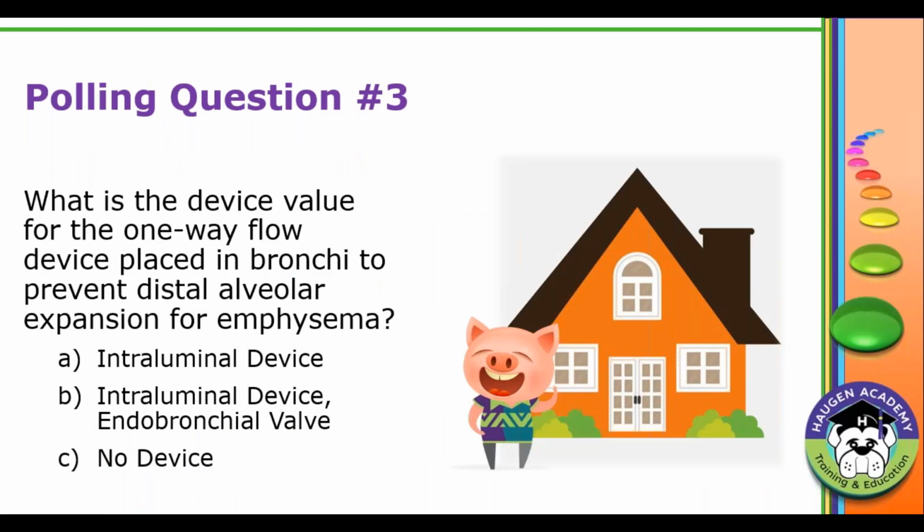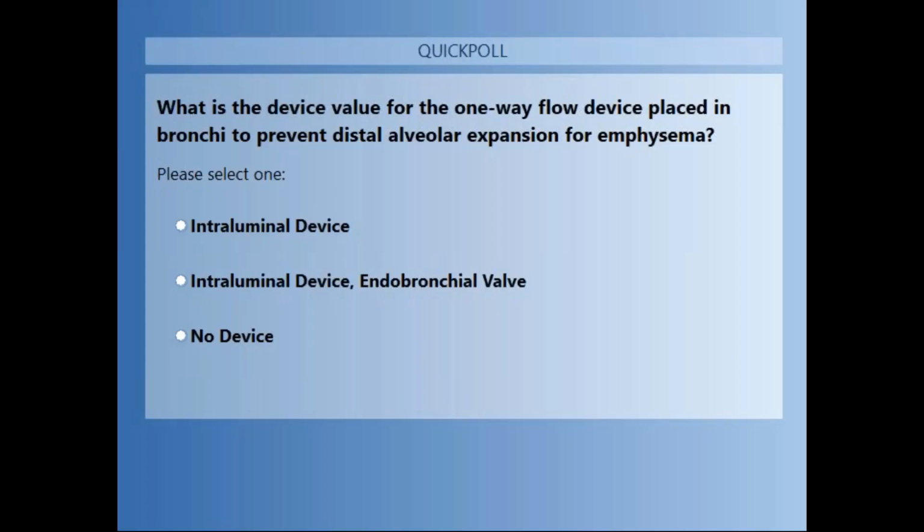Okay, Kathy, that brings us to the last polling question of the day. Are you unmuted? I am now unmuted. Okay, here's our question. What is the device value for the one-way flow device placed in bronchi to prevent distal alveolar expansion for emphysema? We have a lot of tongue twister words in this one.